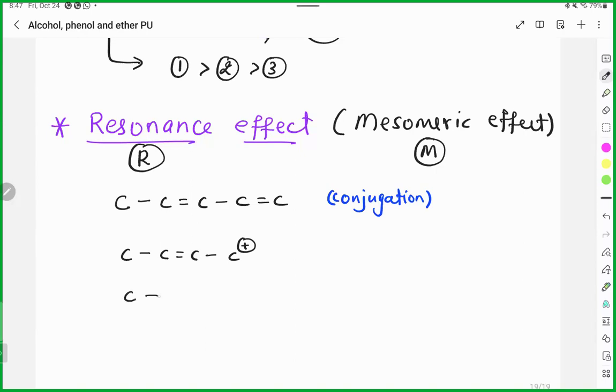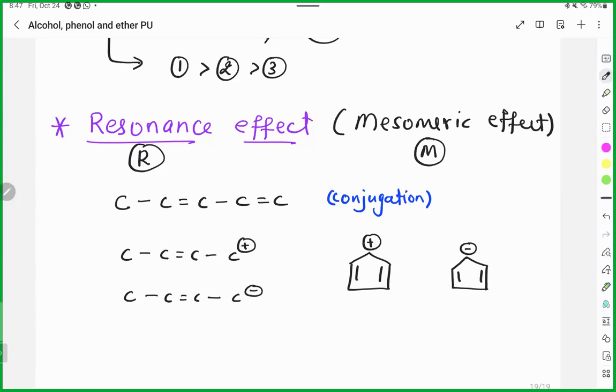Or it has a negative charge. Got it? Because this electron, like in the case of a negative charge, will rotate in the same way. Example, if you have a ring like this, here you have a double bond, here you have either a positive charge or a negative charge. Still you will have resonance, right?